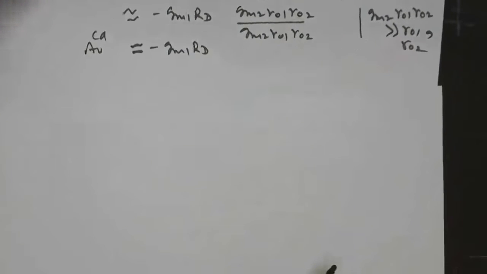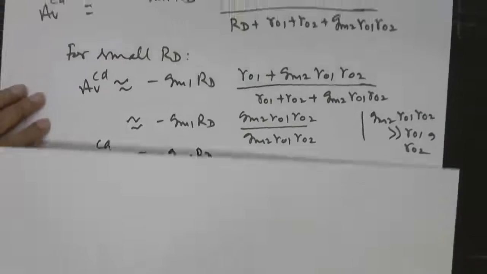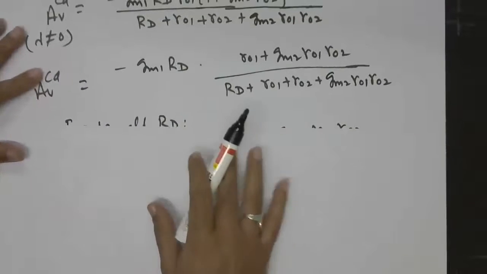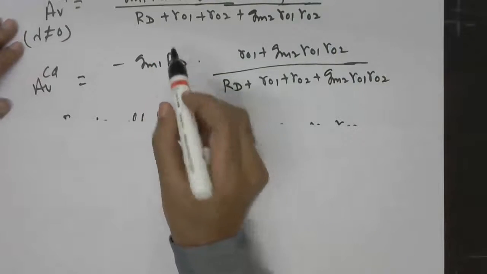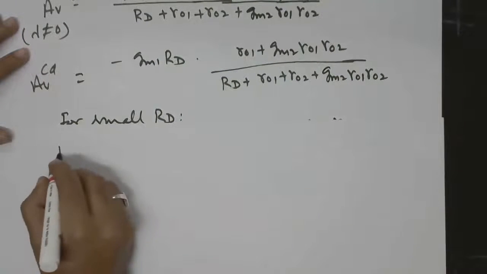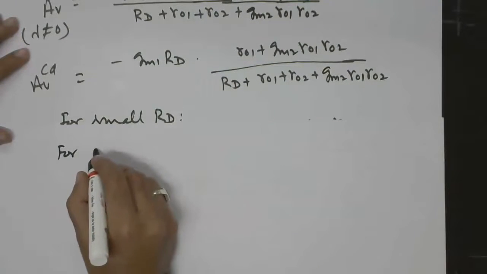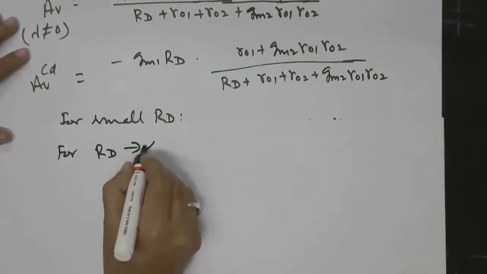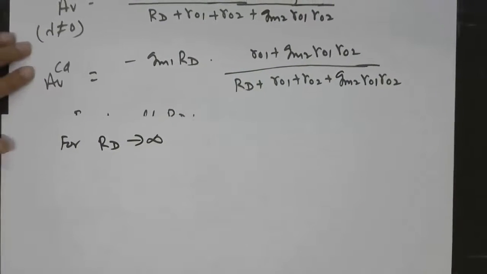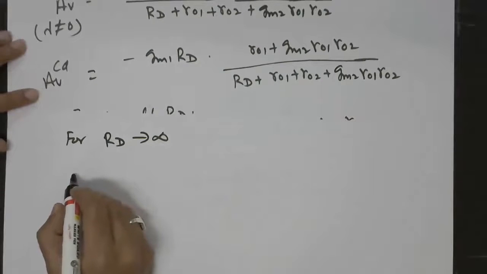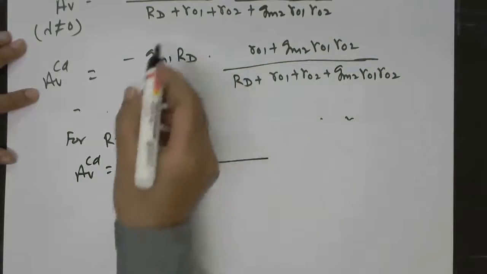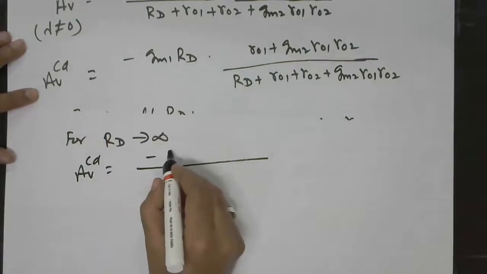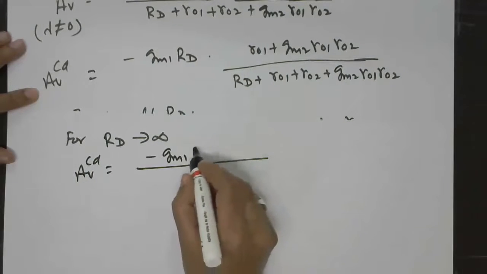Now let us see what happens when RD is very large. So we are now going to make RD very large, for RD approaching infinity. So in this case, we can divide numerator and denominator by RD.